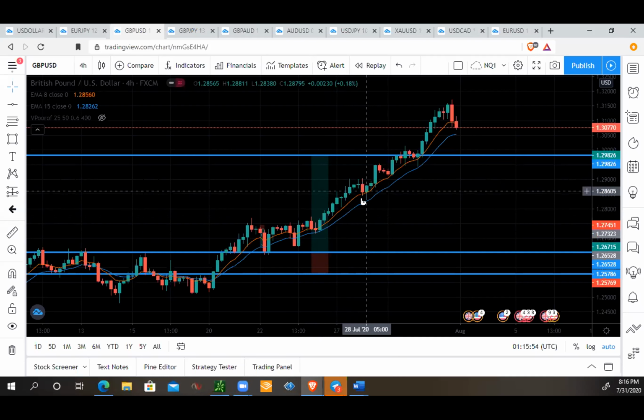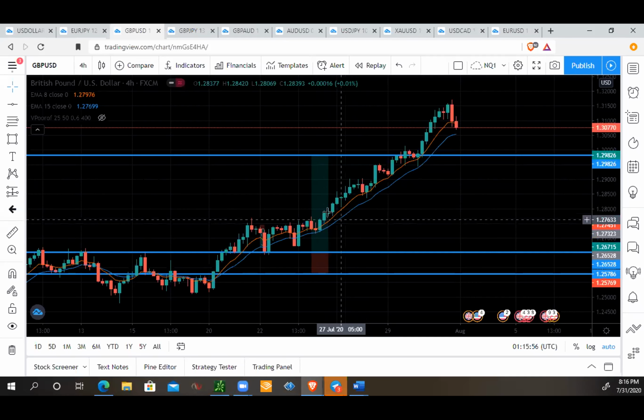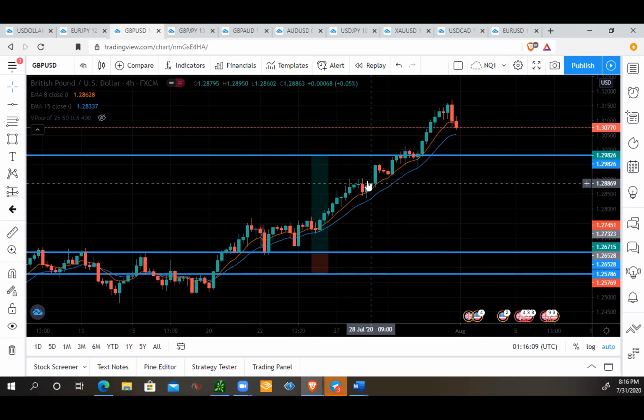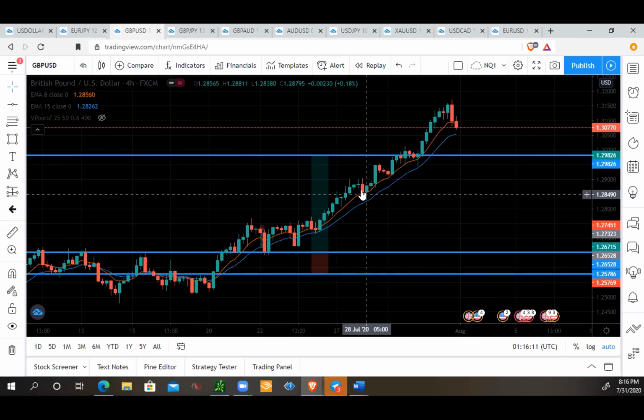When it pulls back again, we would definitely go down to a lower time frame, like a 1 hour time frame, see more candles, see some rejections, see that the market is turning, and we would enter another 50-cent trade here.